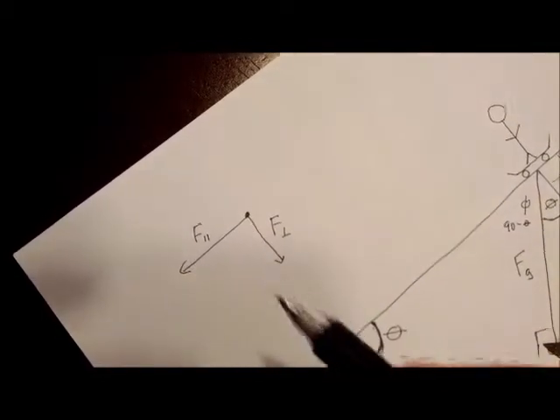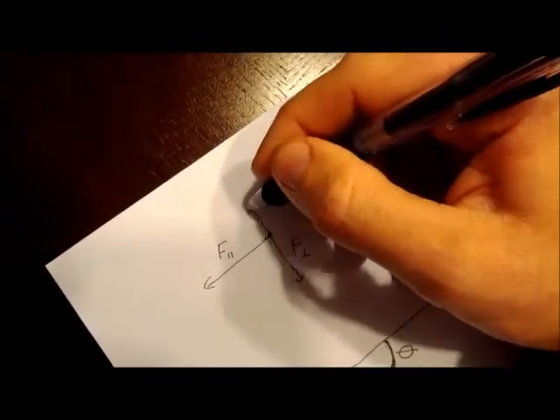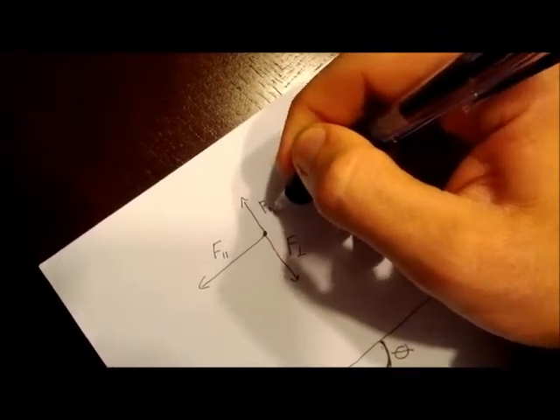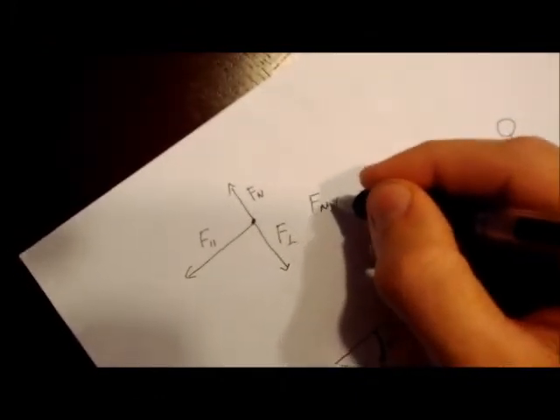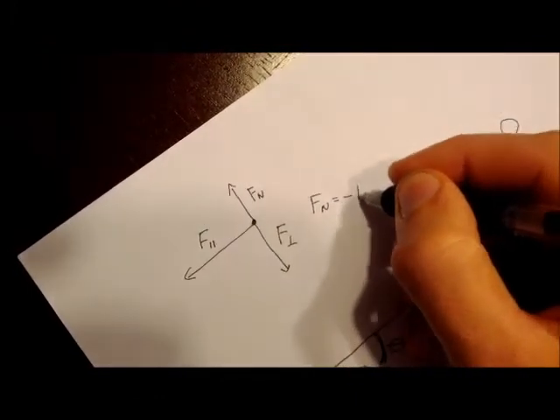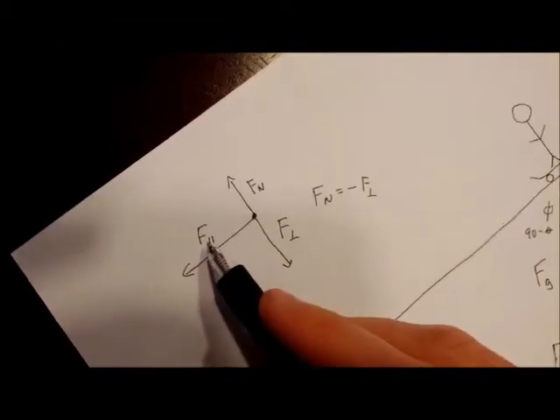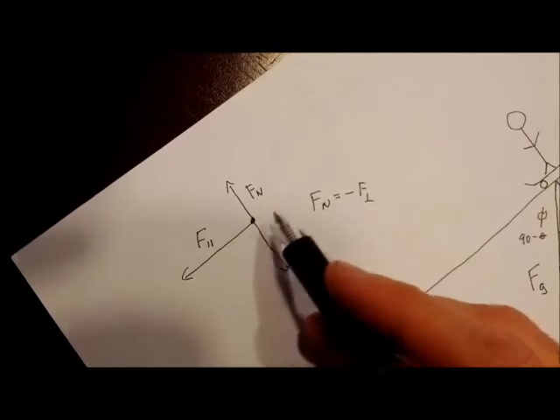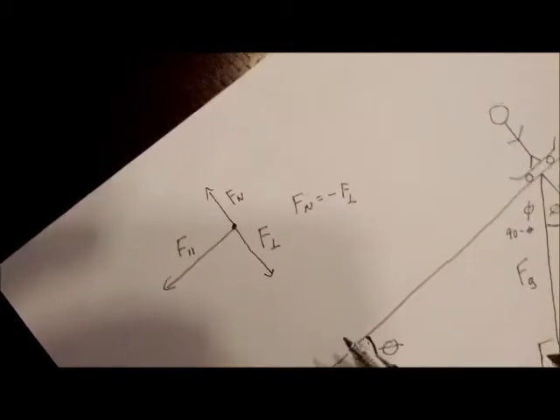He doesn't go into the hill. That's because the hill pushes back on him with normal force. In this situation, normal force is equal and opposite perpendicular force. Meanwhile, parallel force has nothing to cancel it out, so it makes the skateboarder accelerate down the hill.